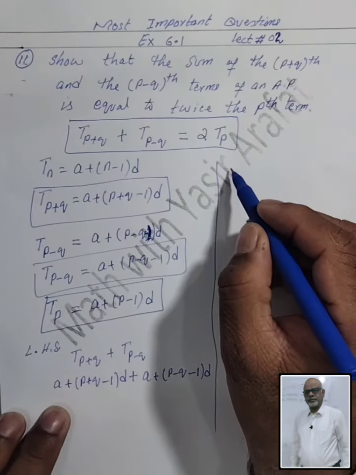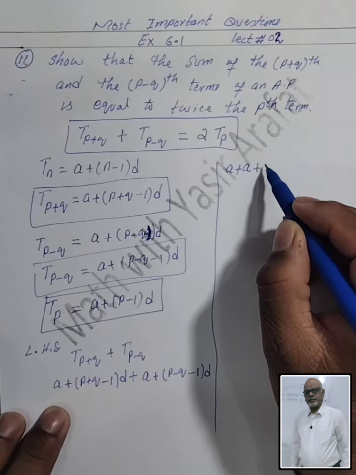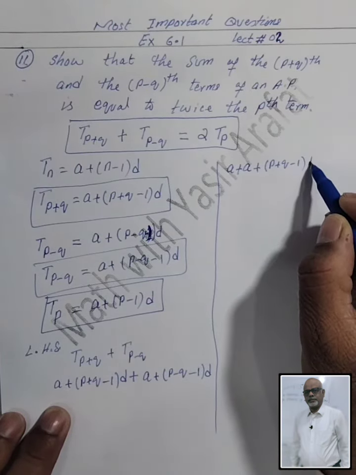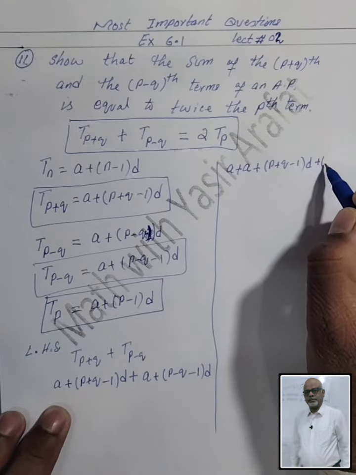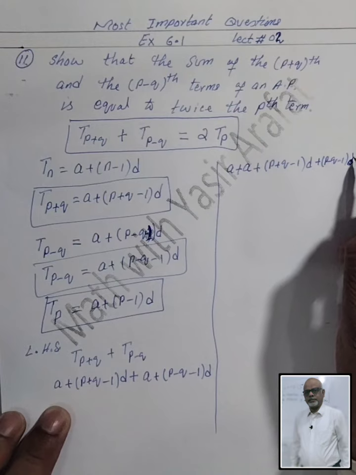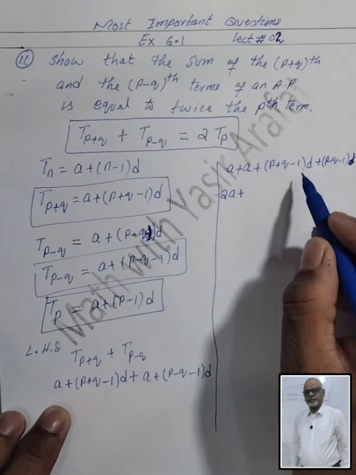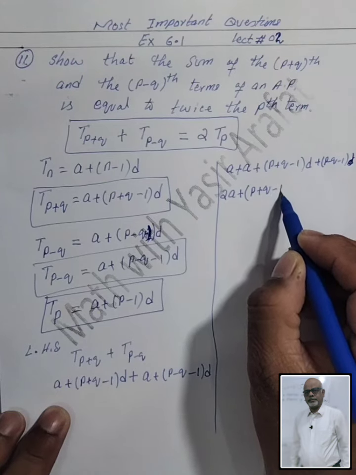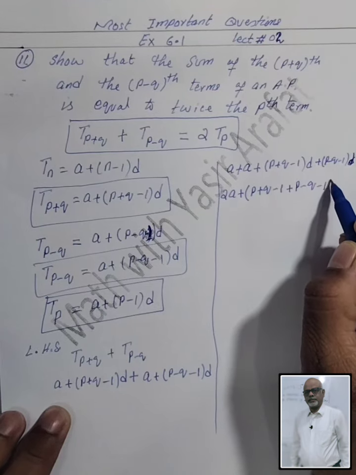So now we have to write down the like terms. This is 2a, and take d common: (p plus q minus 1) plus (p minus q minus 1).